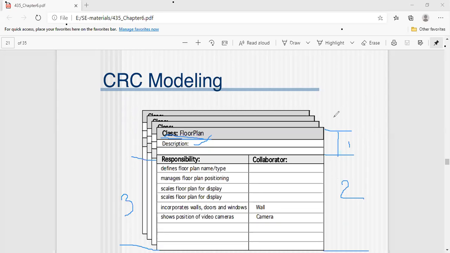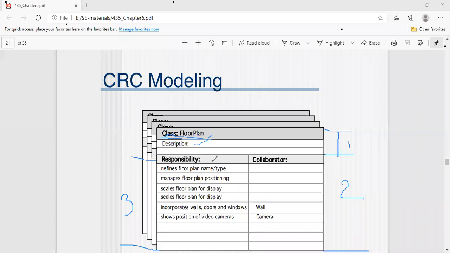The CRC model itself has one kind of structure. That structure is also called a card. That card has three parts. The first part is the class name and description of that particular class. The second part is the responsibility related to the implementation of that class, or otherwise actions related to that particular class work.